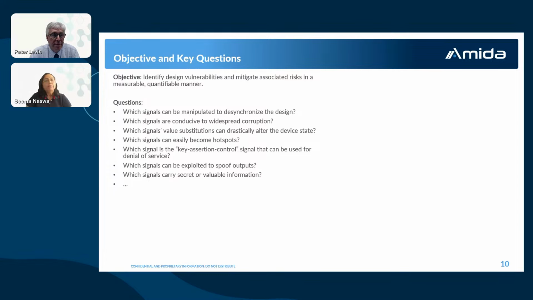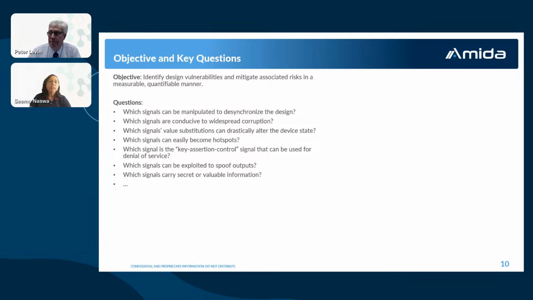Now, a quick look at the objective and a few key questions we need to answer to determine these vulnerabilities. Our objective here is simple but ambitious. We want to discover design vulnerabilities in a quantitative, systematic manner rather than through known rule-based analysis. To do that, we need to answer a series of questions.